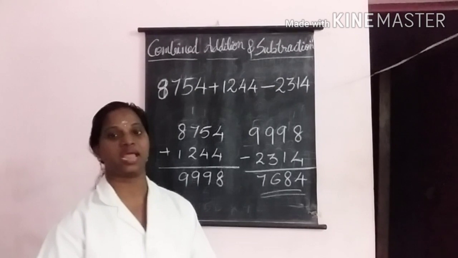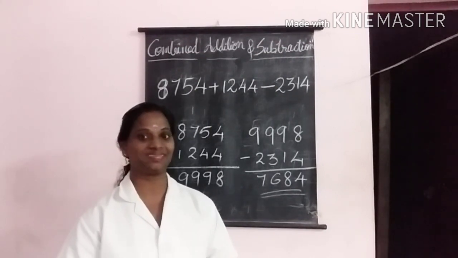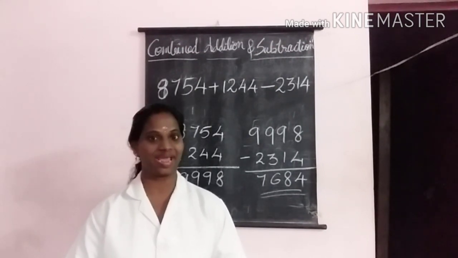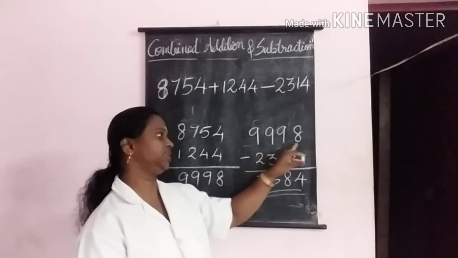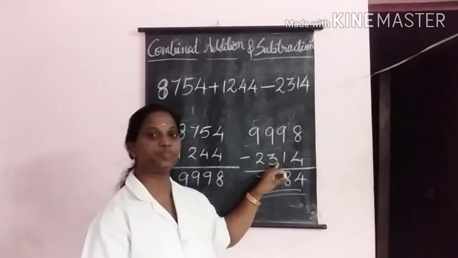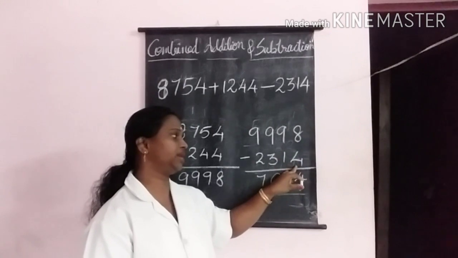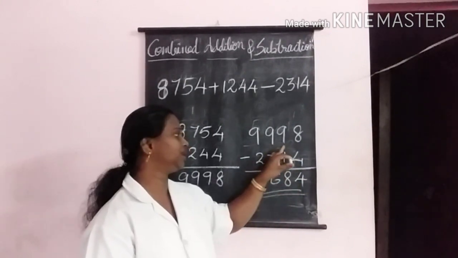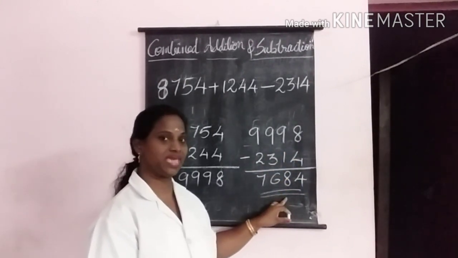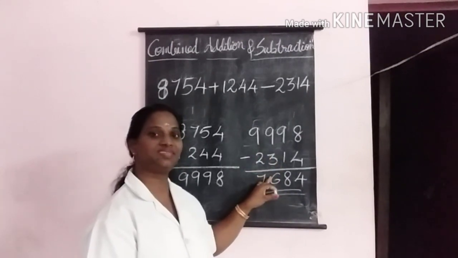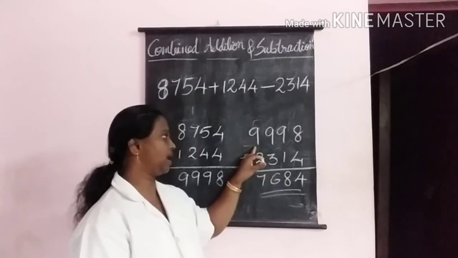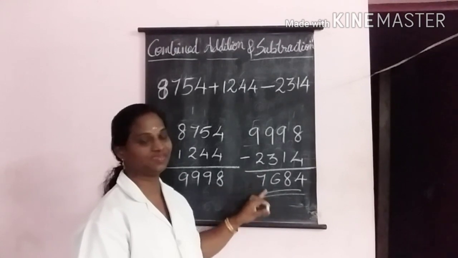Then you can subtract third number from the sum 9,998. See, you can subtract these two numbers. Then 8 minus 4, 4, 9 minus 1, 8, 9 minus 3, 6 and 9 minus 2, 7.